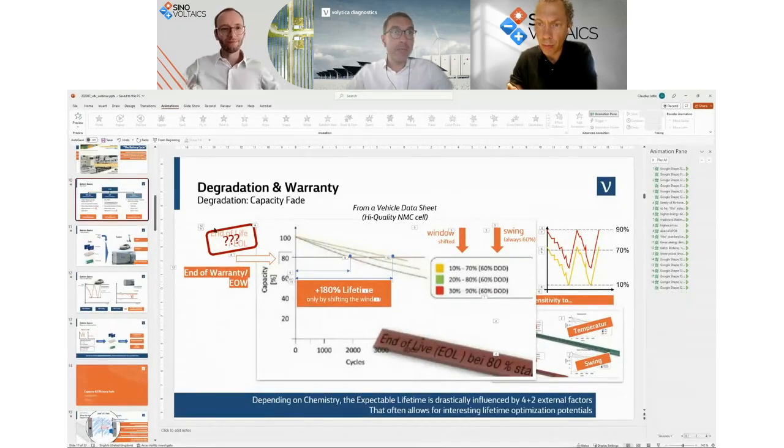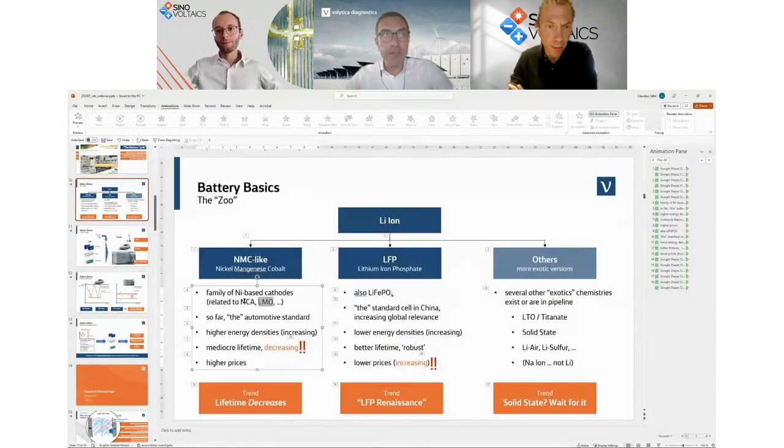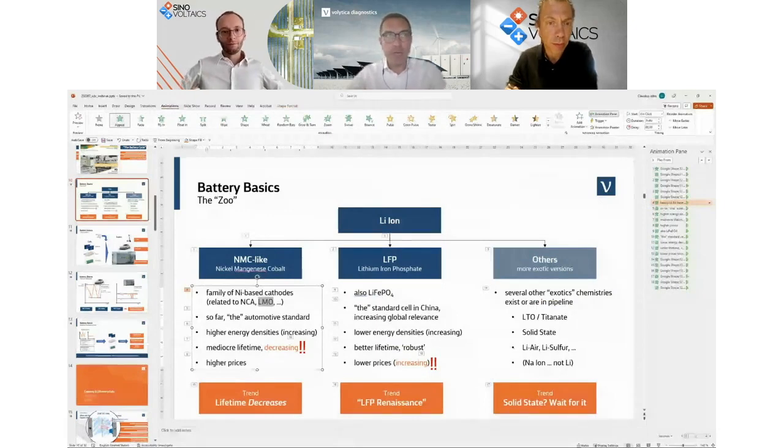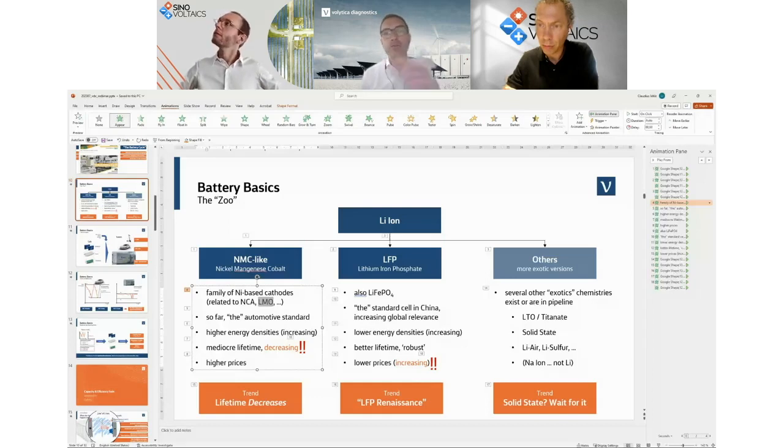And I just was lazy and grouped LMO under the NMC-like ones. So again, it depends on which year and which version and revision, but by and large, they are more related to NMC than to LFP and share more similarities to what I explained for NMC than for LFP.